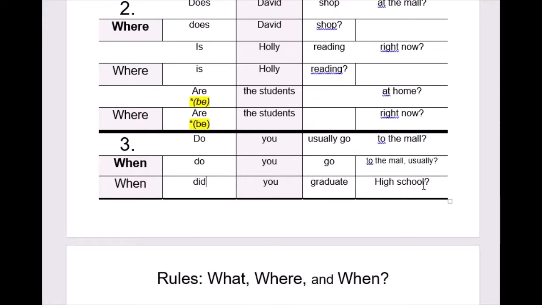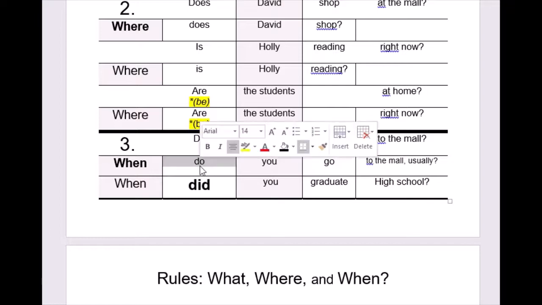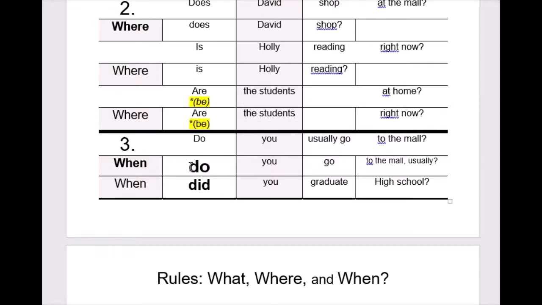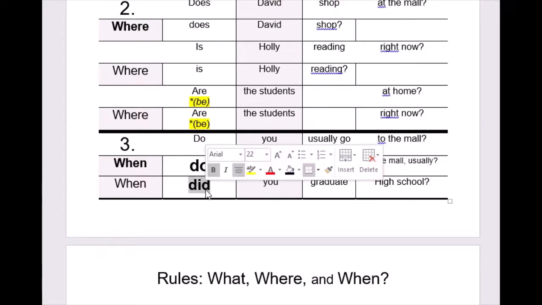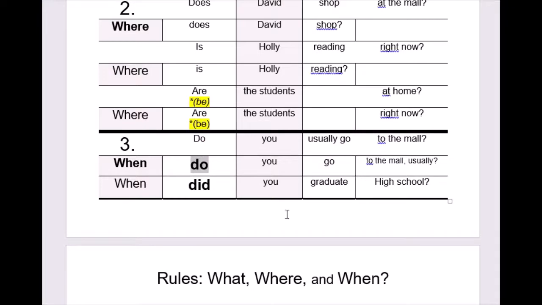When did you graduate? So it's good to use different verb tenses, and the helper verb takes the verb tense, okay? So if you want to use the present, you have to put the helper verb in the present simple. If you want to ask about the past, then you have to put the helper verb in the past, okay?